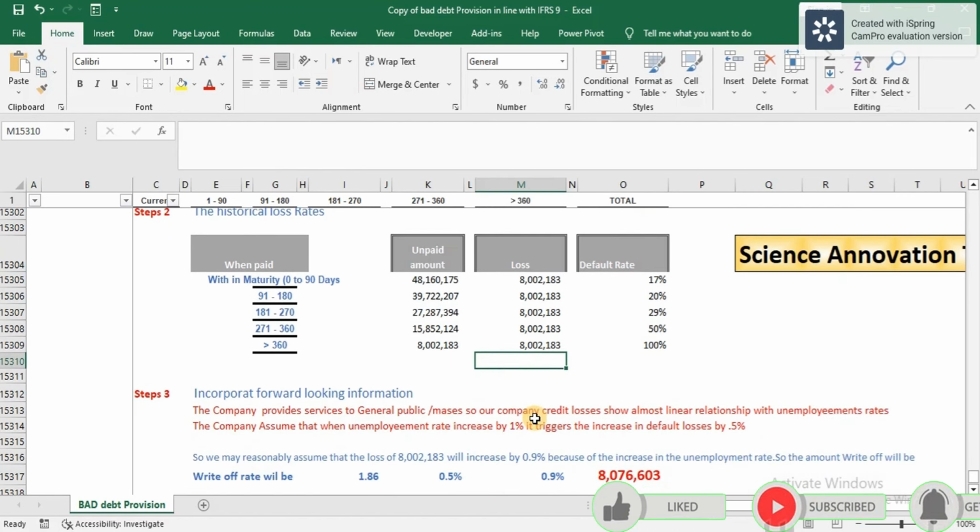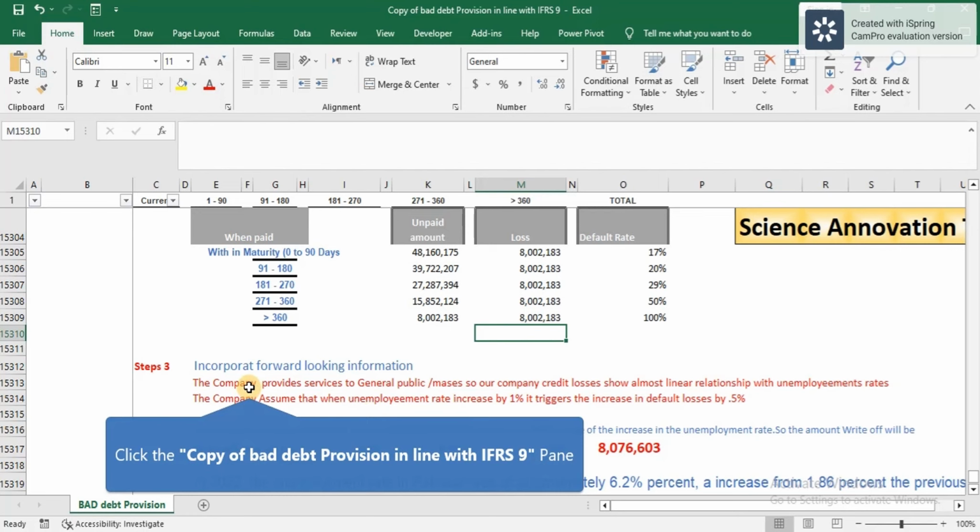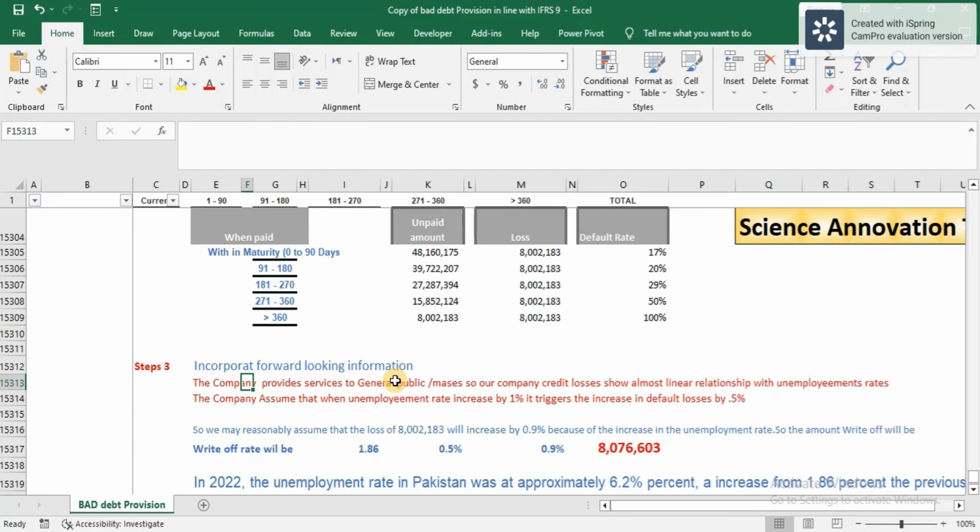Now the next step, the third step, will be different from company to company, because it will depend on the nature of the business. Some companies are taking unemployment, some taking the inflation rate, some taking market conditions.